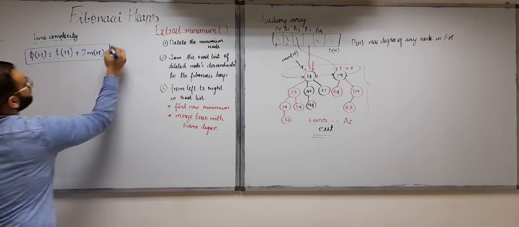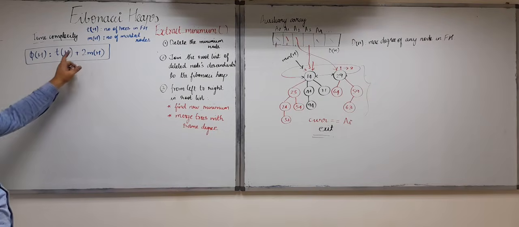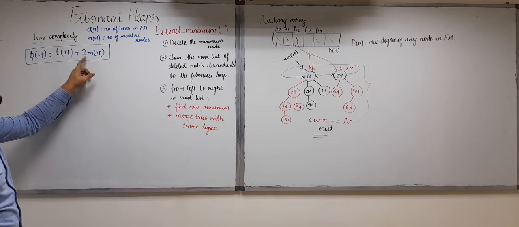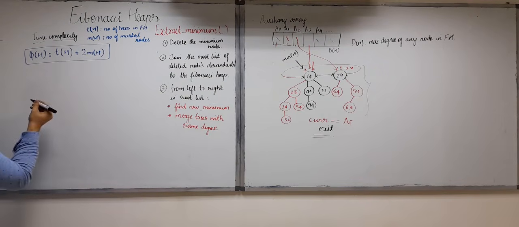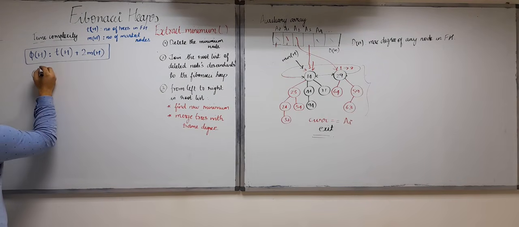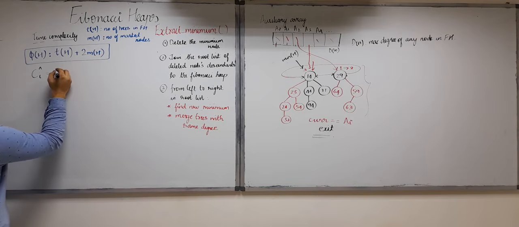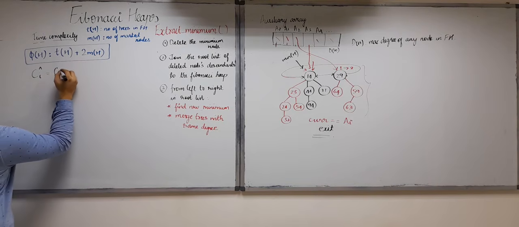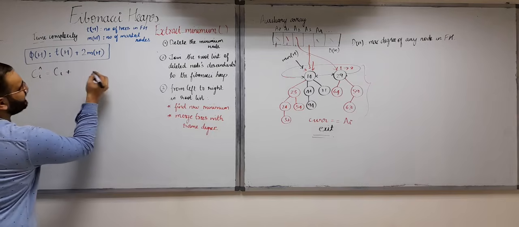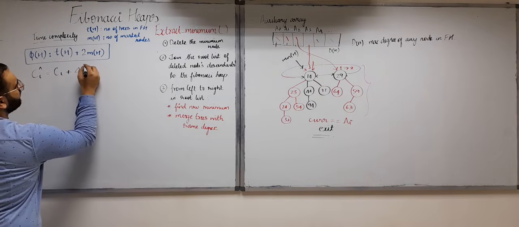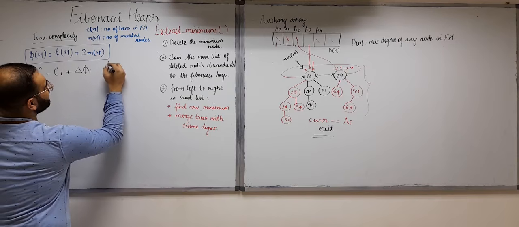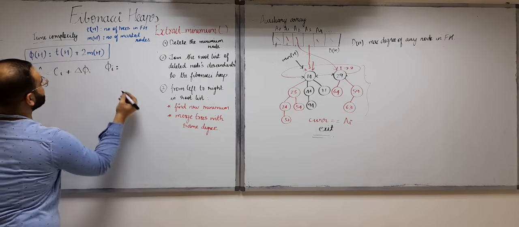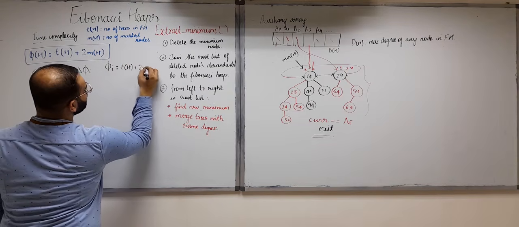And what is t(H) over here? So t(H) is the number of trees in the Fibonacci heap and m(H) is the number of marked nodes in the Fibonacci heap, right? And the formula for the amortized cost is c_i hat equal to c_i, that is the actual cost, plus the change in potential, right? So now let us assume that the initial potential is t(H) plus 2m(H), right?